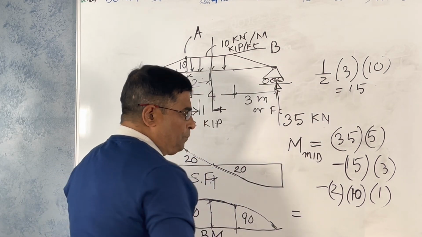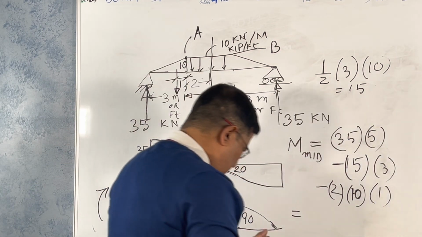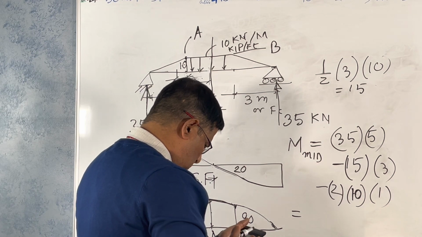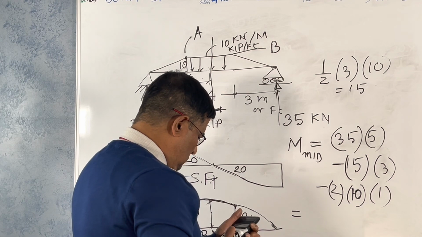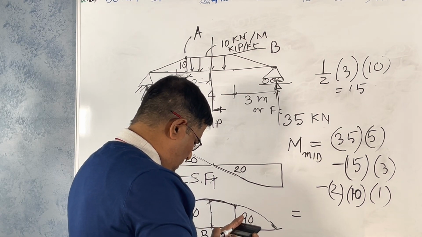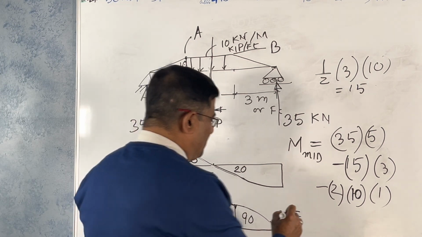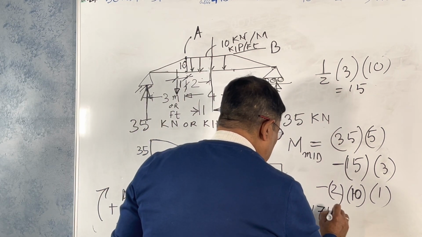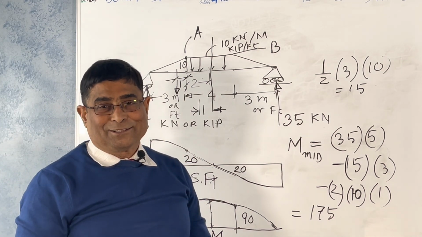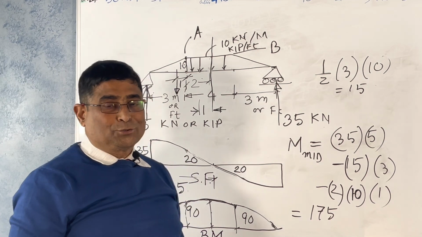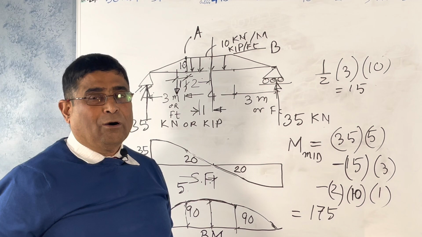35 times 5, oh, 175. My head calculation is poor now because of the calculator. Earlier I could calculate everything by head, but not now.